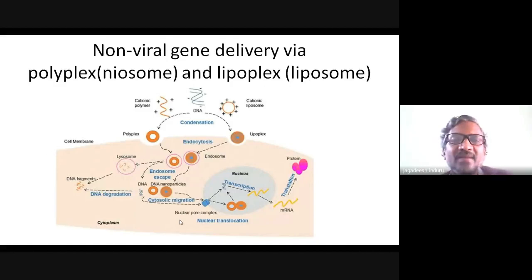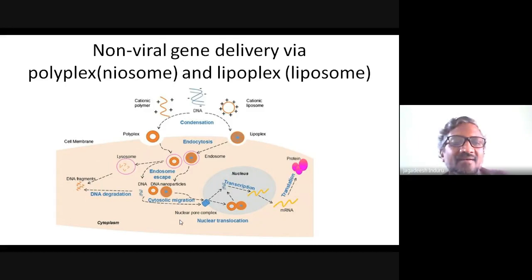Then what will happen? These polyplexes and lipoplexes enter the cytoplasm. They will be converted into endosomes, and then they will be attacked by lysosomes. The enzymes cleave the moieties and liberate the DNA fragments, because the body considers them foreign.